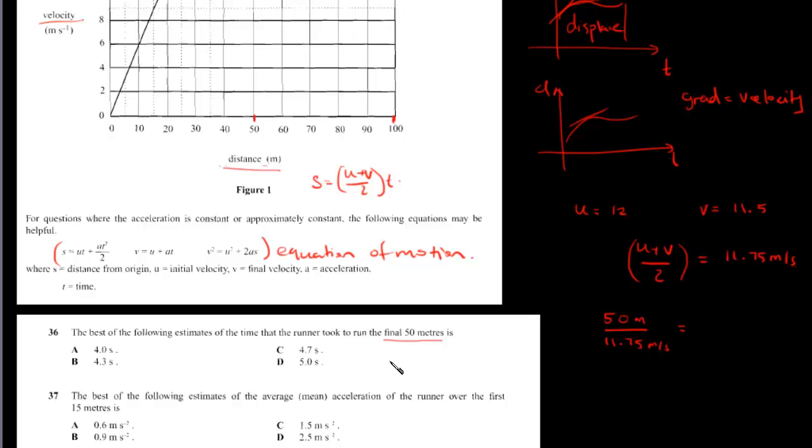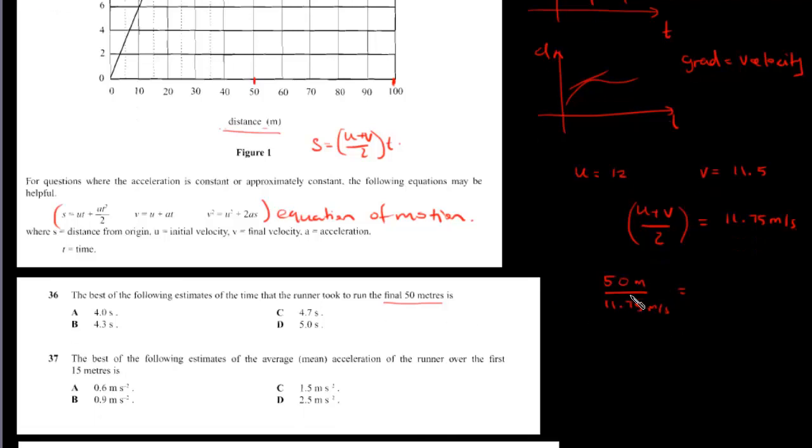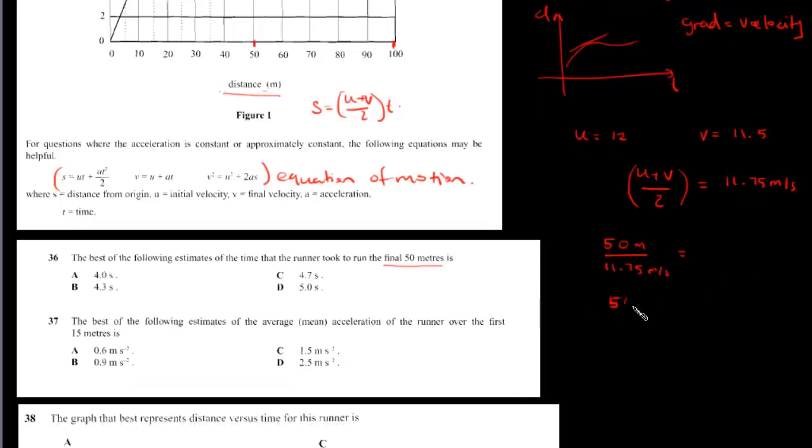But of course you're not allowed to use a calculator, so we have to estimate this. Imagine you ran 50 meters at 10 meters per second, then that would take 5 seconds, right?